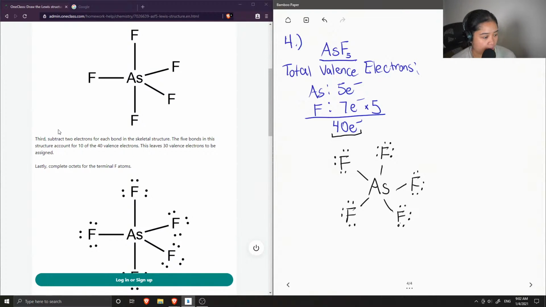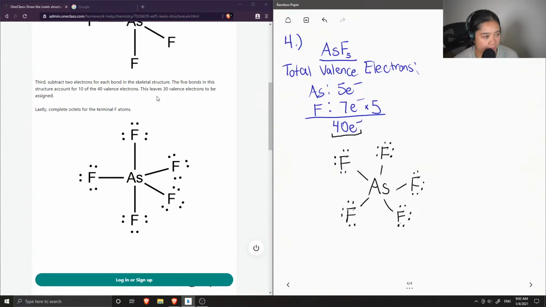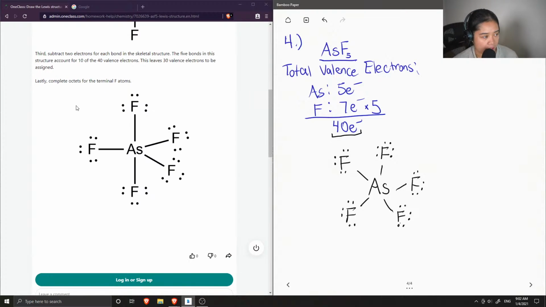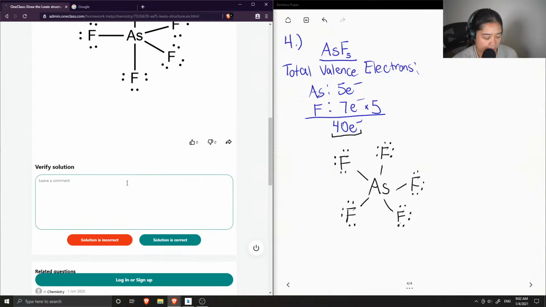Third, subtract 2 electrons for each bond in the skeletal structure. The 5 bonds in this structure account for 10 of the 40 valence electrons. This leaves 30 valence electrons to be assigned. So lastly, complete octets for the terminal fluorine atoms. Yep, so great step-by-step answer. This solution is correct.